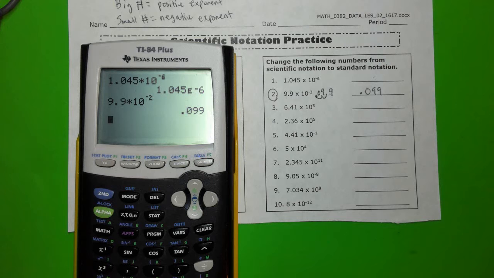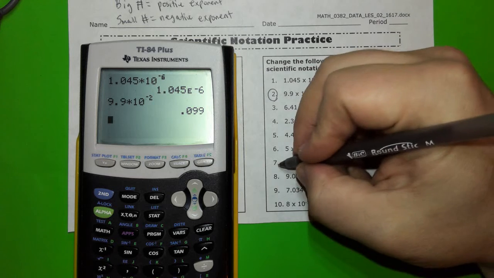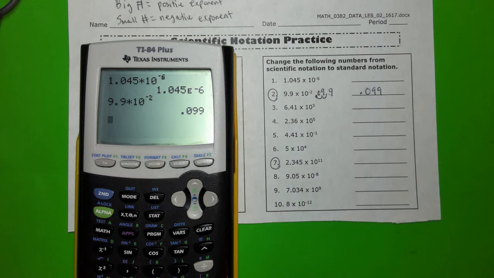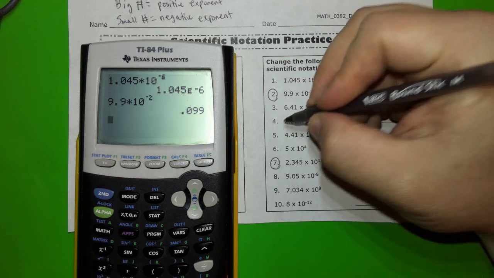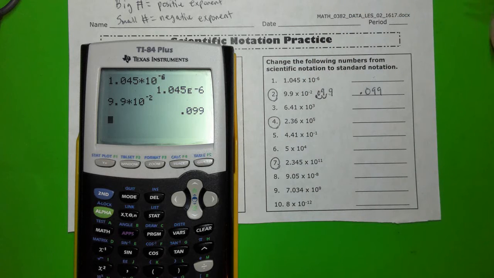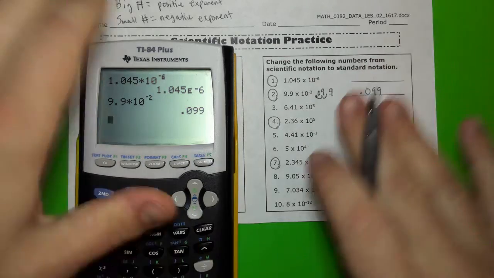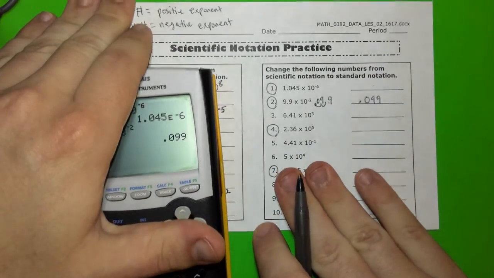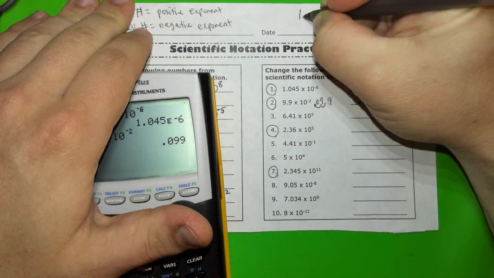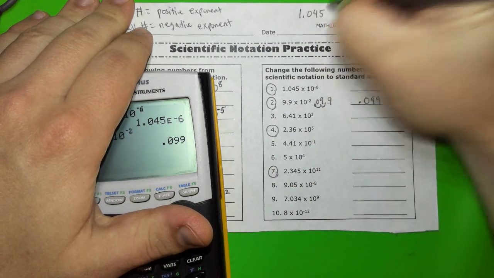All right, let's do number 4, and we'll do number 1 since we kind of already talked about it. Okay, so number 1, I have 1.045. Okay, and I don't have a lot of room right here, so I'm just going to kind of scoot up and write it up here. 1.045.